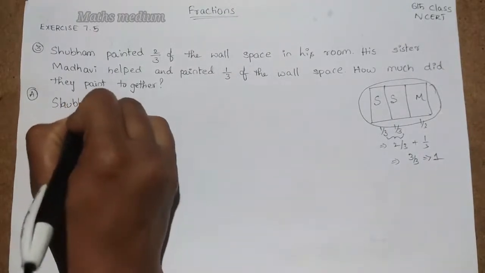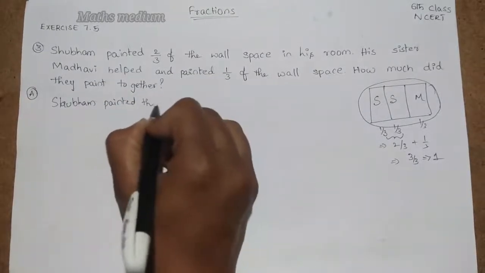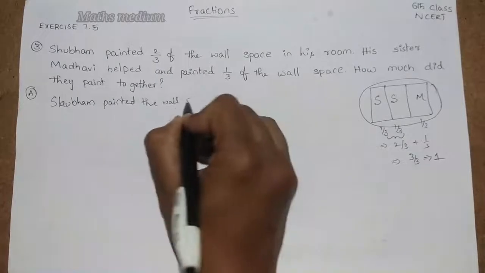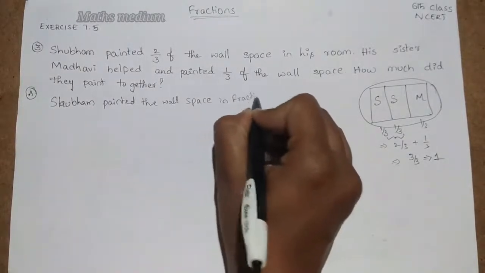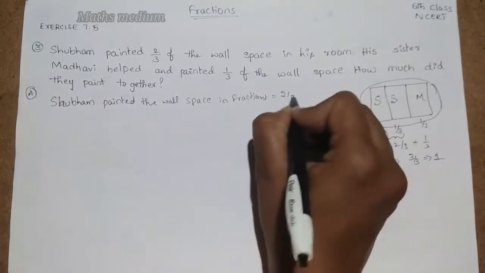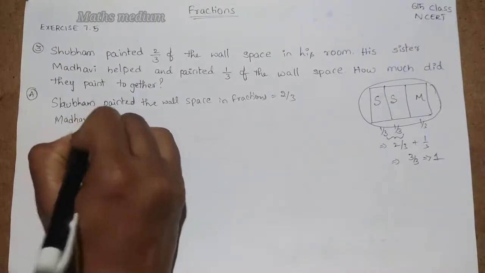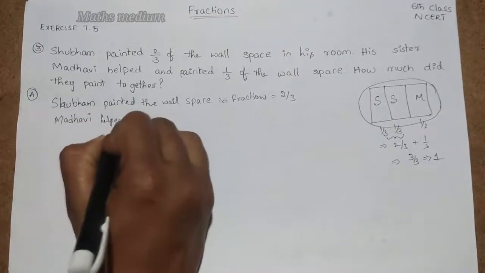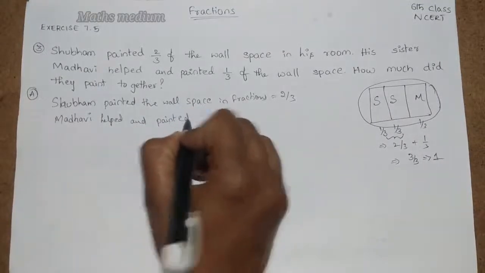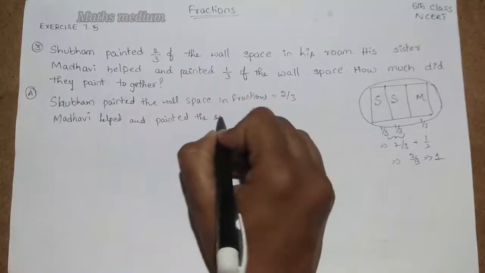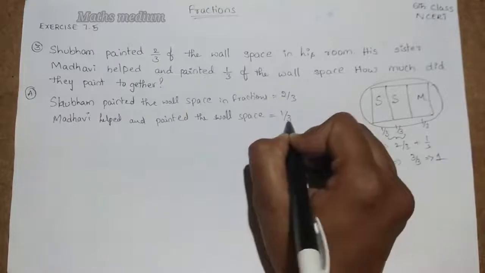First of all, Shubham painted the wall space in fractions 2 by 3. Madhavi helped and painted the wall space equal to 1 by 3.